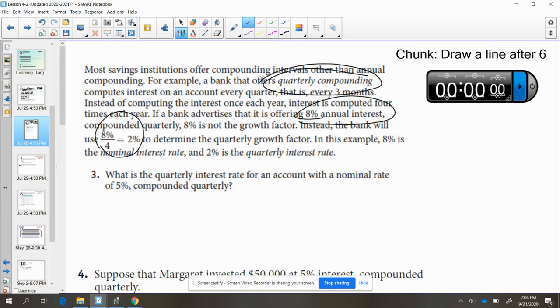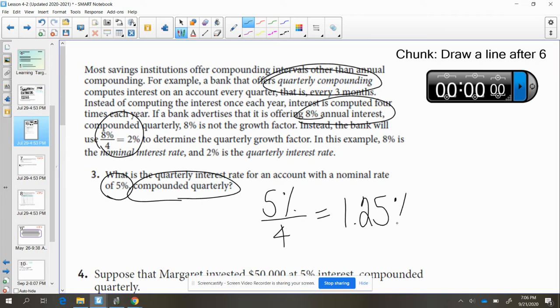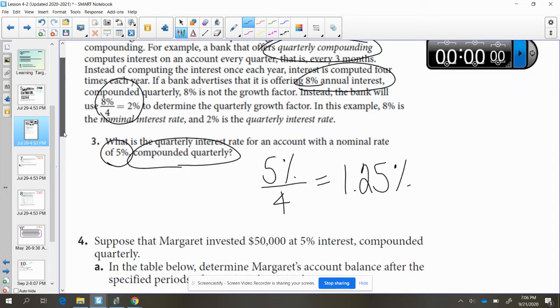So for instance, if we had our 5% account compounded quarterly, really we're taking that 5%, and again, quarterly means 4 times a year. So really that interest rate turns into 1.25%.